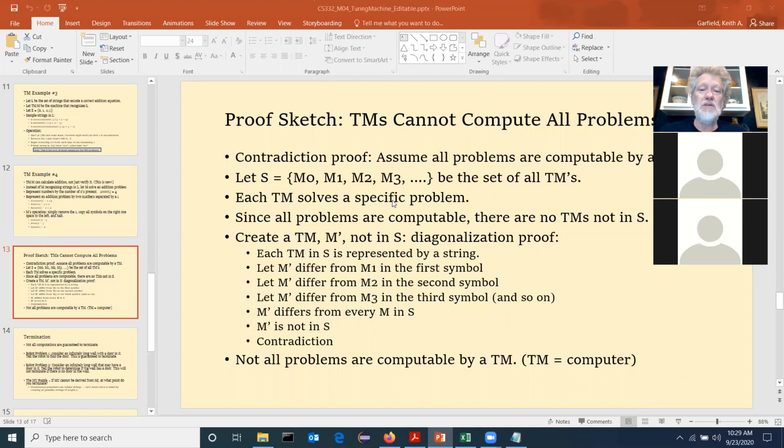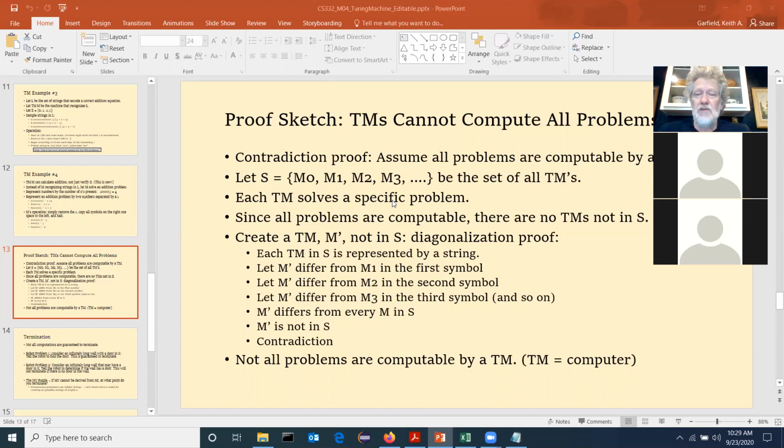Then we'll have a set of Turing machines, and the Turing machines must represent all problems, because if all problems are computable, then the set of all Turing machines would cover all the problems. Each Turing machine solves a specific problem.